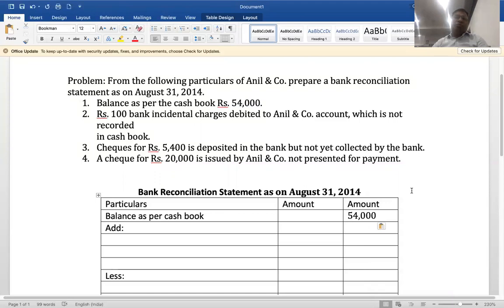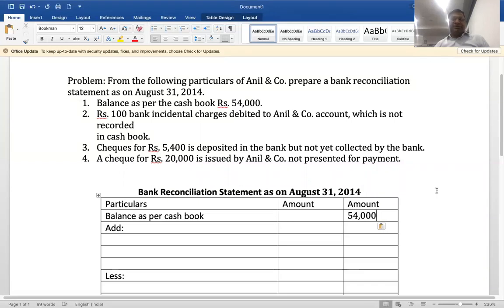Now, why do we reconcile the records of the company with the records of the bank? The record of the bank, the proof of the bank's entries, is the passbook.